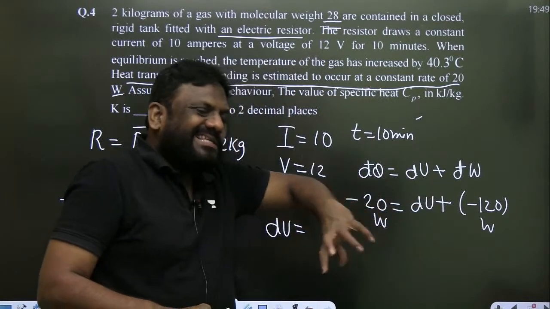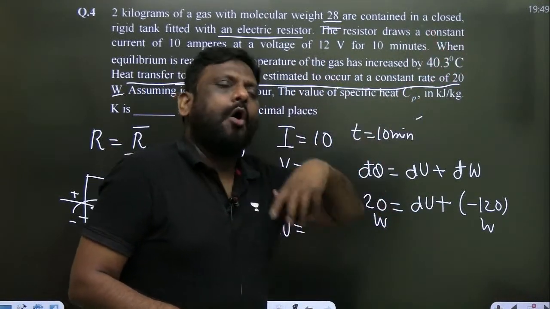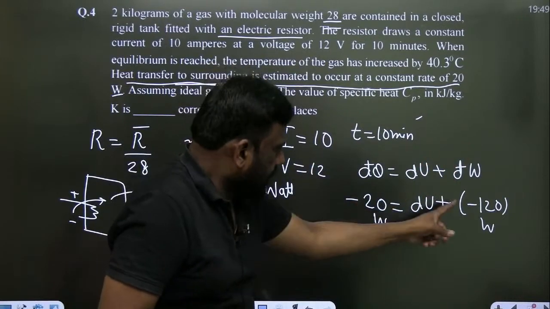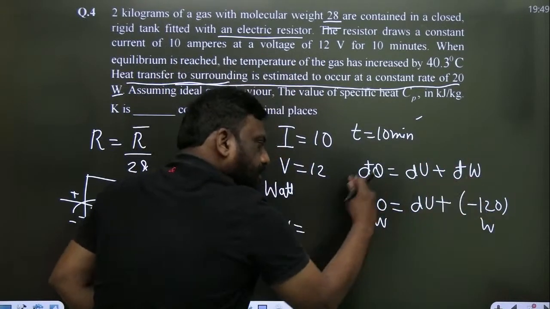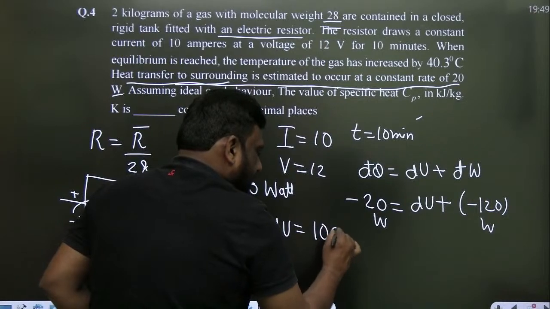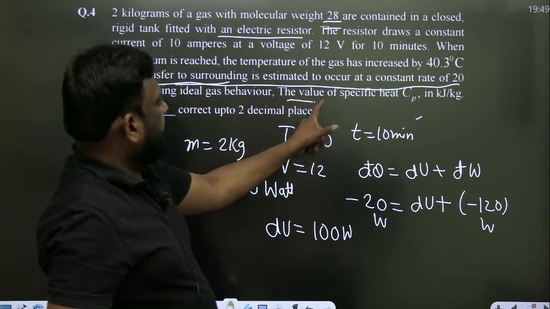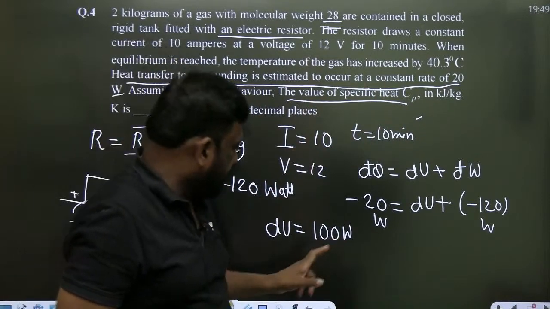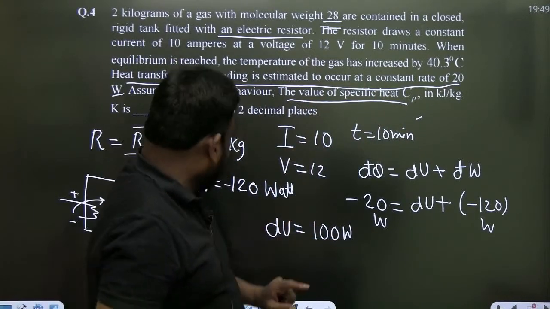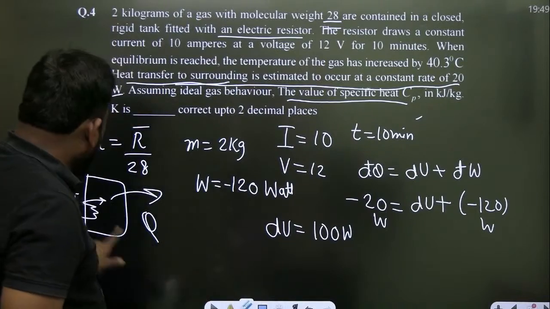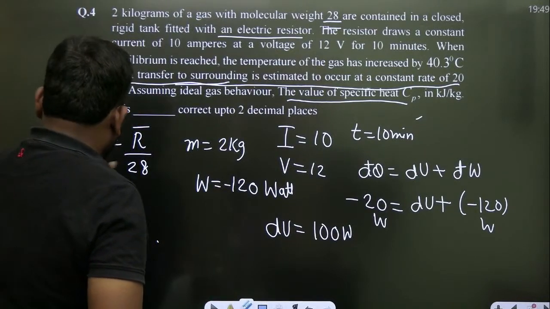Because heat is rejected to surroundings and work is done on the system, so both are negative. If you take 120 to this side, you get 100 watt. But what is being asked? The specific heat at constant pressure Cp. So the internal energy change came as 100, sir. Now look, we got the internal energy change as 100, so what will we do now?